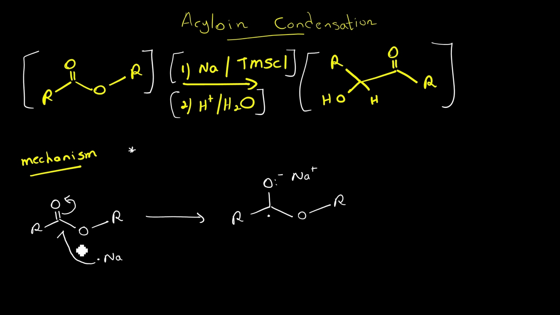Another thing you need to be very careful about is the arrows. So let me draw it carefully. Here you can see this arrow is a half arrow because I am representing a single electron, a radical. Here I am drawing a full arrow because it's not a radical, it's an electron pair. So I am representing the movement of a full electron pair here, and the movement of a radical here.